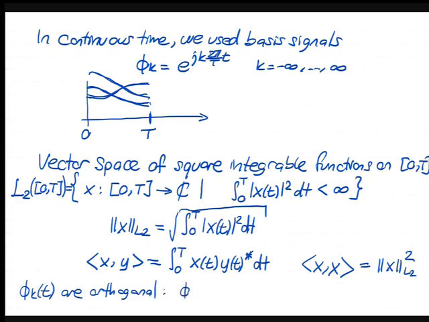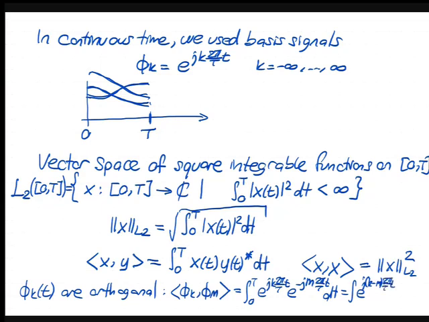If I take phi k inner product with phi m, where k is different than m, the definition I just showed you above gives me the integral of e^(j k 2π/T t) times phi m star, that simply changes the sign here, e^(-j m 2π/T t) dt, all right? And that is the same as just combining k and m into k minus m, e^(j (k-m) 2π/T t).